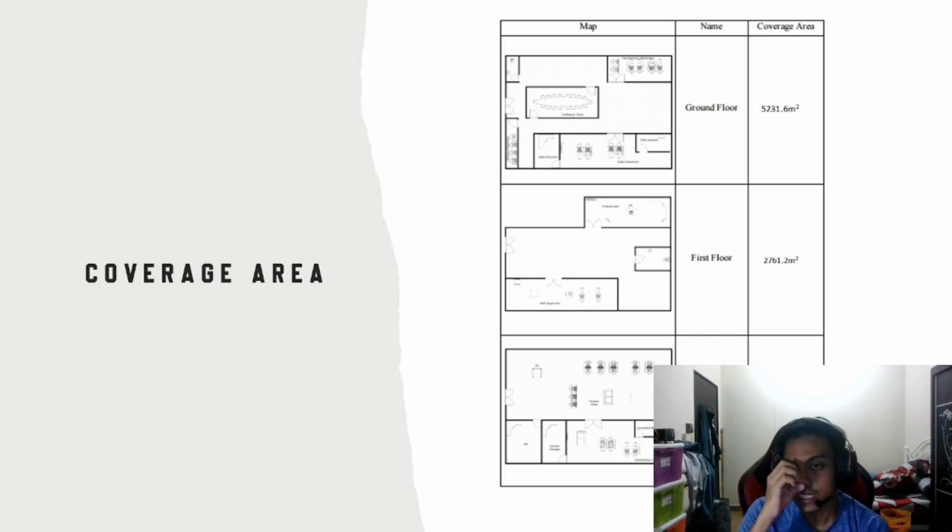And as you can see here, this is the coverage area for every floor. The coverage area for the ground floor is 5231.6, for the first floor 2761.2, and for the second floor 4243.2.